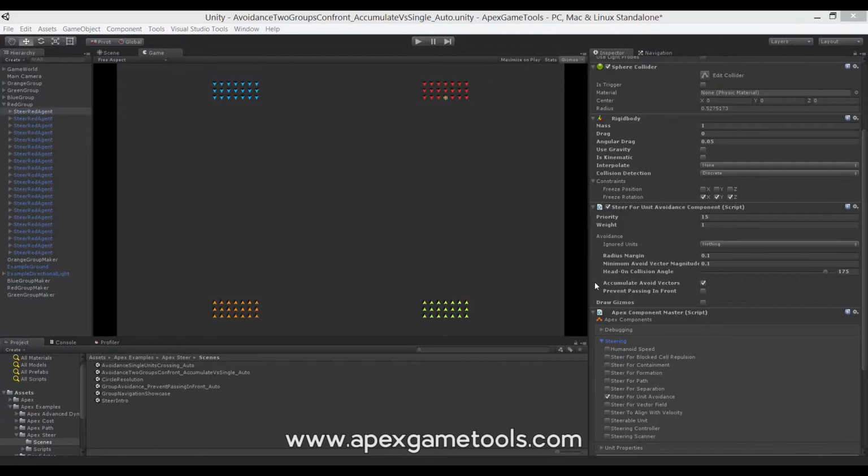Now, if you do not have this option on, you will be required to have the scanner setting where it sorts units by distance enabled, so that the unit will be able to determine the closest units to itself. If you do have it on, it means that it will loop through obviously more units when it needs to avoid.